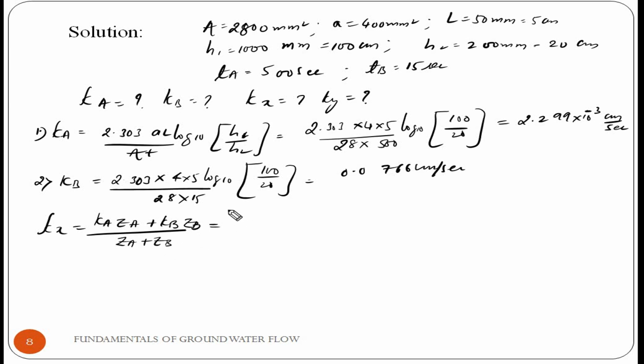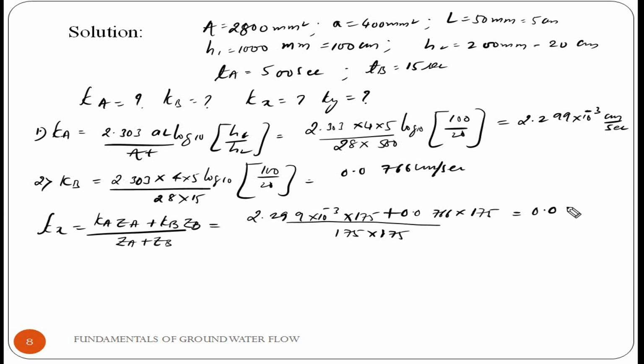This is the coefficient of permeability parallel to the bedding planes. 2.299 into 10 to the power of minus 3 into 175, that is the ZA value, that is thickness, plus 0.0766 into 175 divided by 175 plus 175. So it is coming around 0.03914 centimeter per second.